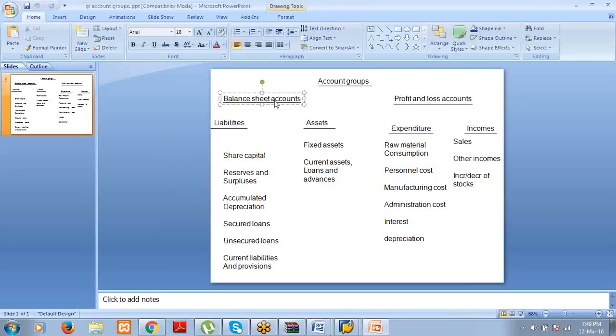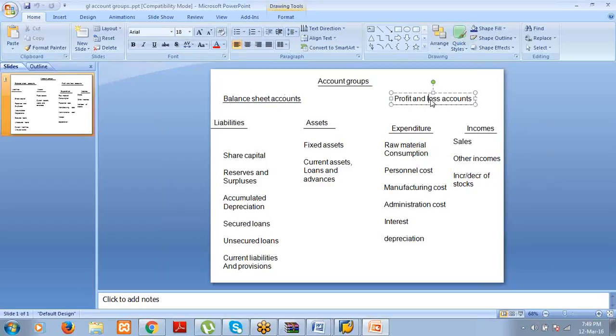Balance sheet accounts group means all the GL accounts which are displayed in your balance sheet will be created as one account group. This is the similarity. Based on the similarities among the GL accounts, all the GL accounts are grouped together. These are called account groups, nothing else.